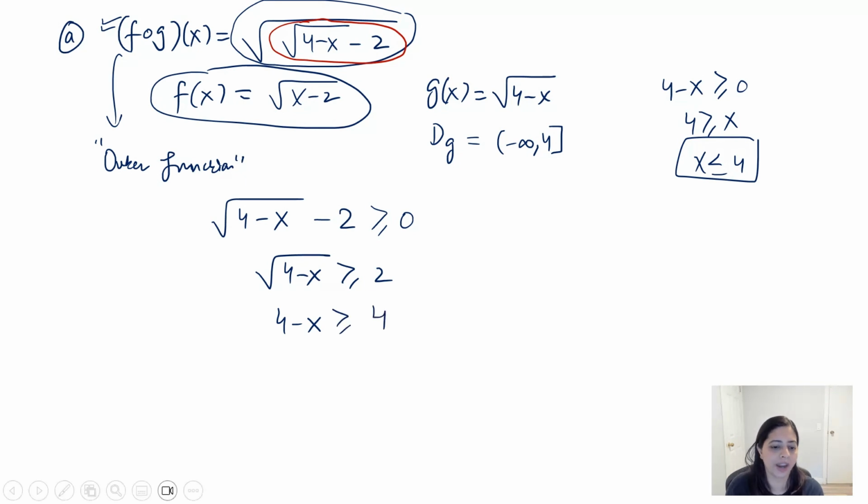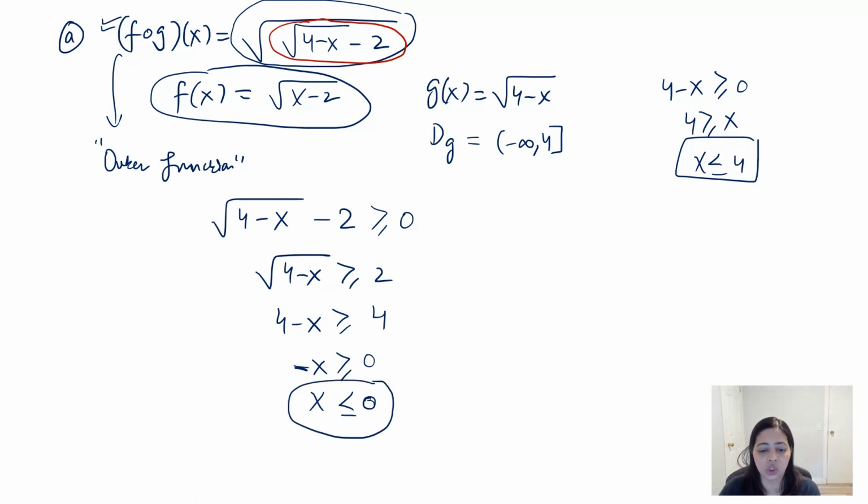So this is what you get: 4 minus x is greater than or equal to 4, which gives you, if you subtract 4 from both sides, minus x greater than or equal to 0, or x is less than or equal to 0. You flip the inequality sign when you get rid of the minus by multiplying both sides by a negative sign. So this is the domain of f of g.